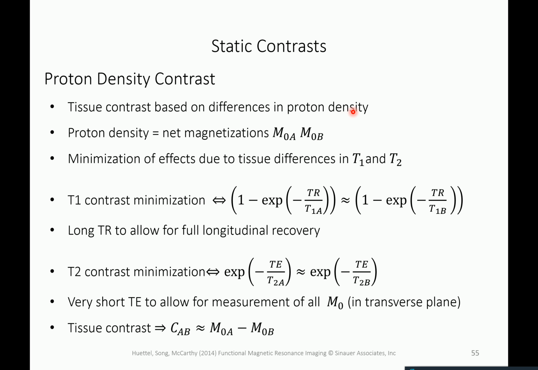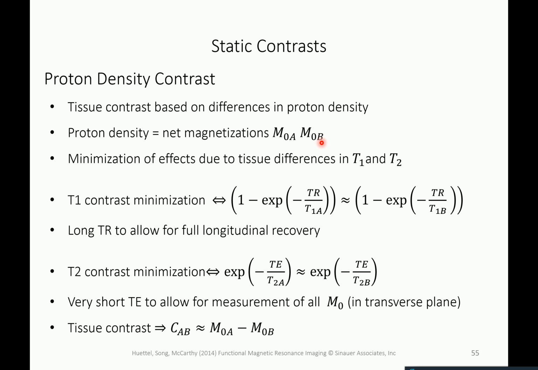And this you can imagine if in one of them there are more protons, so if the ratio of protons to area is larger, has a higher proton density, so the net magnetization that is created by these protons on these nuclear magnets is larger than if you are in a voxel where the density of protons is lower. So it just makes a stronger net magnetization in one area and lower net magnetization in the other area.